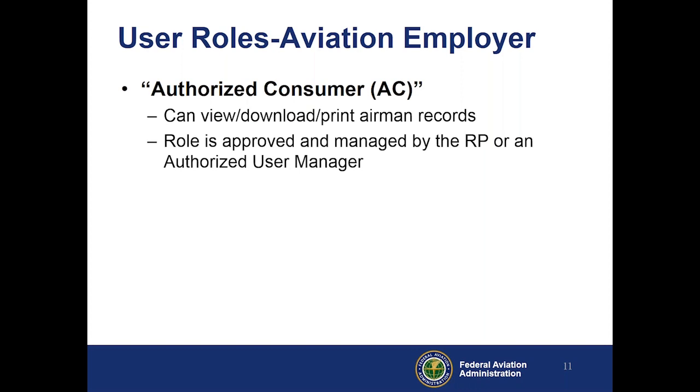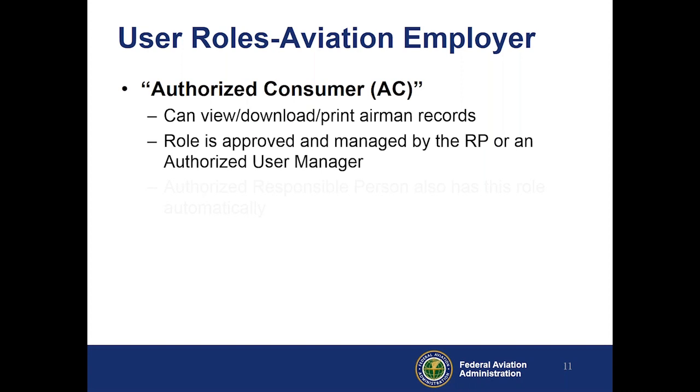So this role is approved and managed by the responsible person, or another role I haven't talked to you about yet, but that's a user manager or authorized user manager. So if you want to be an authorized consumer, you basically request that access in PRD, and then your company's responsible person has to log in and approve that.